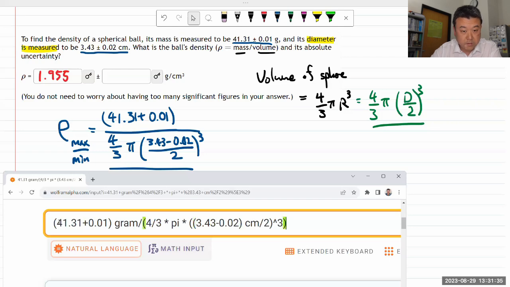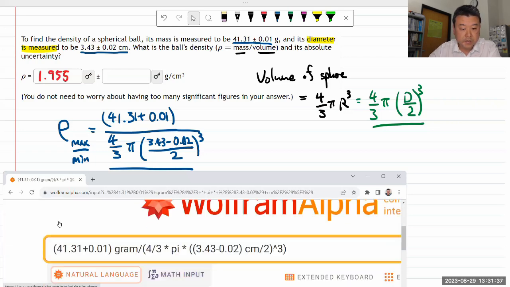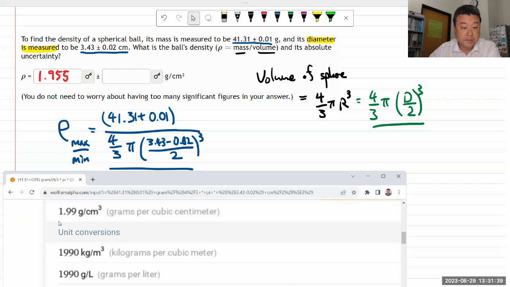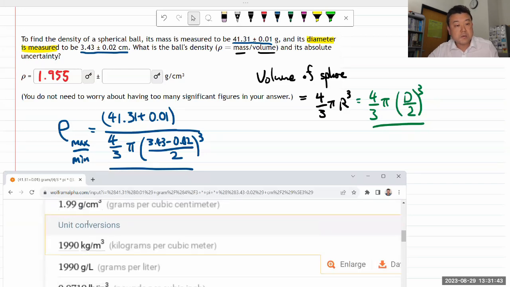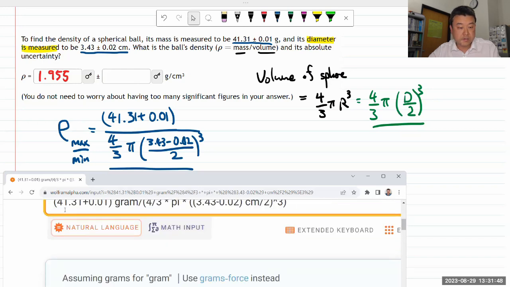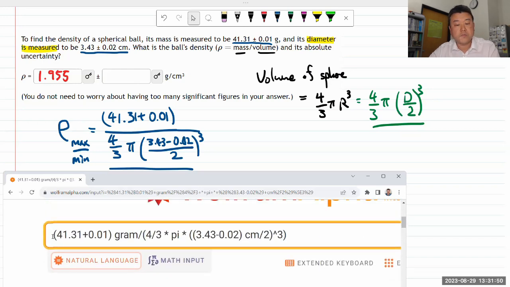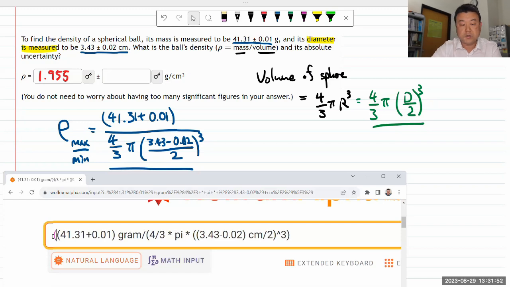Everything else doesn't need to change. Calculating, and I get 1.990. Okay, so for the uncertainty there, what I would need is the difference from the maximum possible to the average. So, subtracting what I calculated before, 1.955555 gram per cubic centimeter.